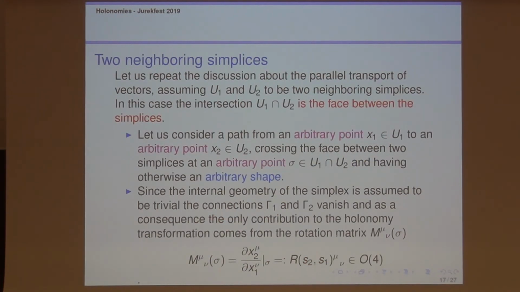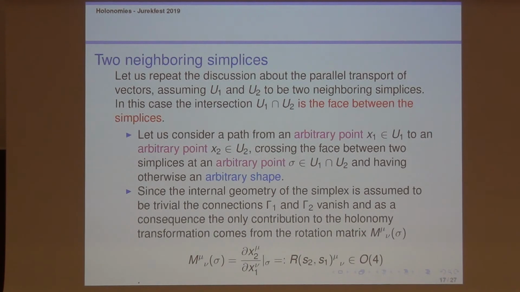So if we have two neighboring simplices and we want to build a parallel transport from one simplex to another, first of all, what is the intersection of these two simplices?